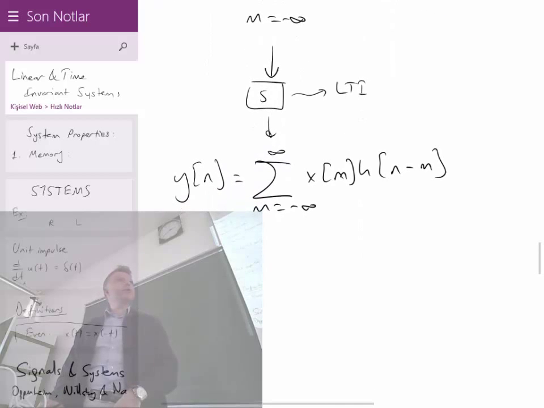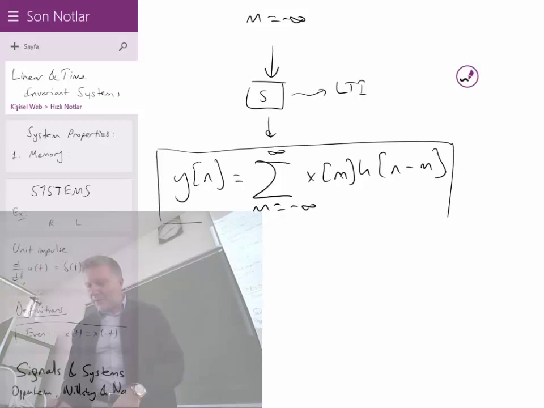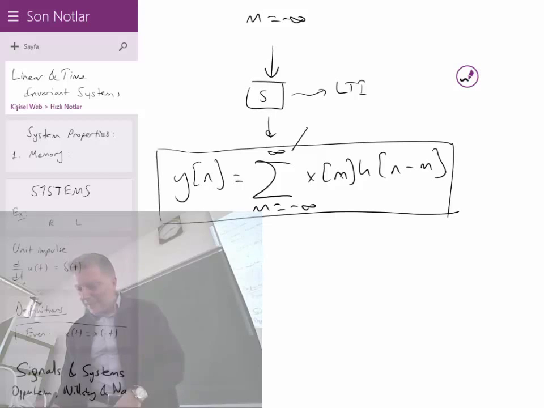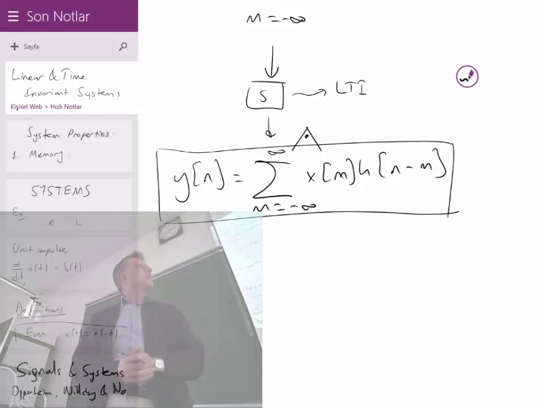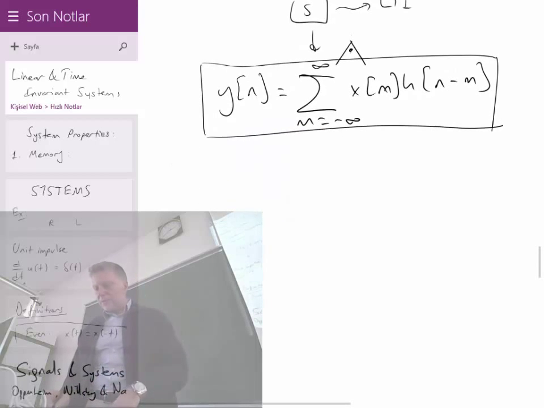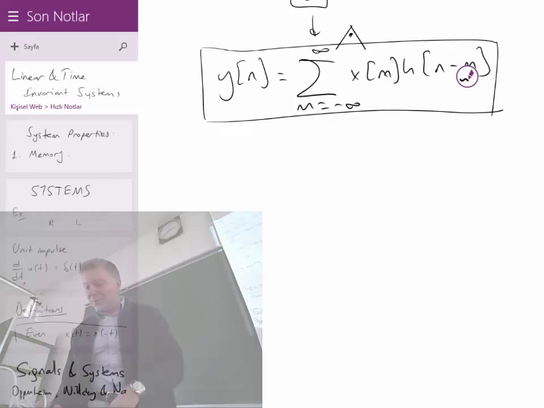And it's a very useful formula. I'm very proud of this formula. Okay? Let's nail it. It has a name, of course, just like all the other things that we covered today. It is called the convolution this time.